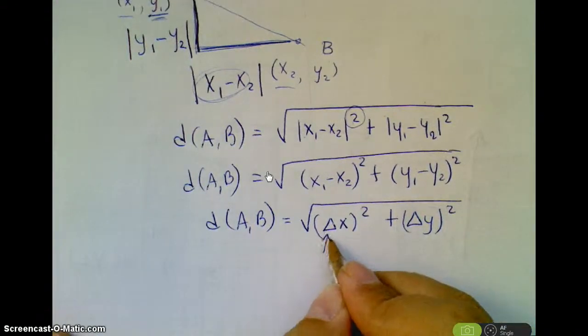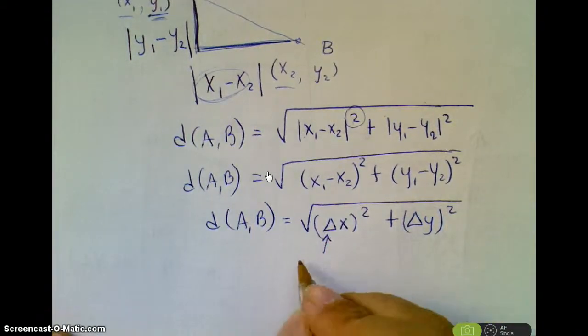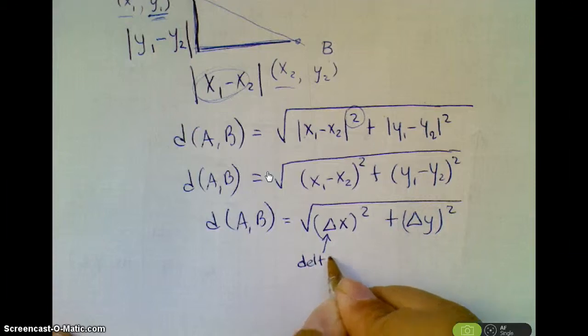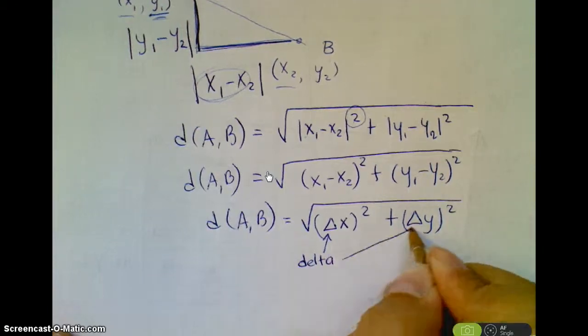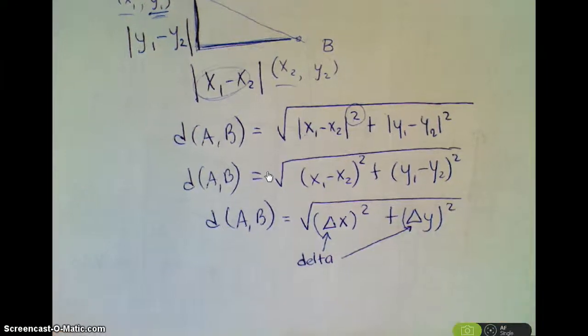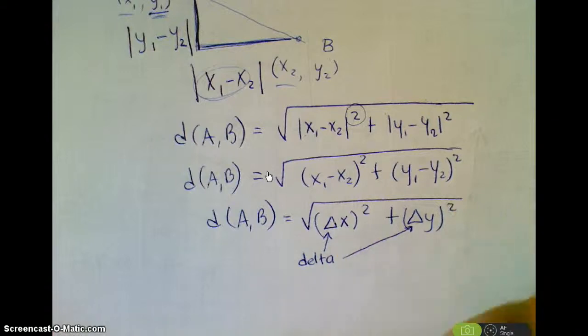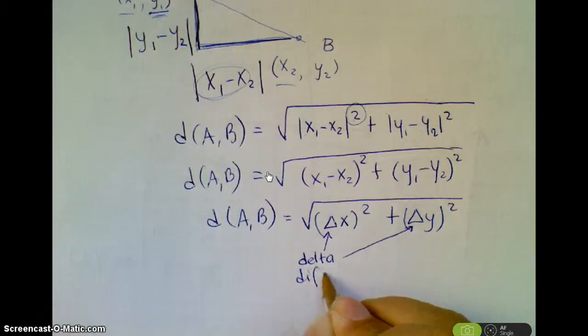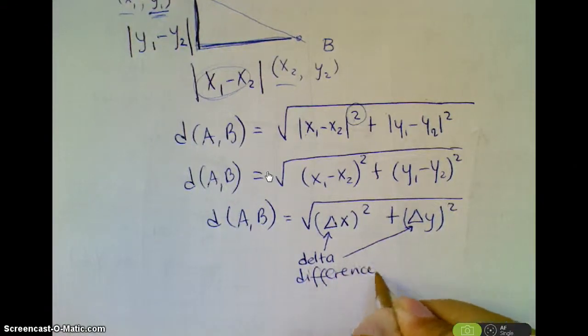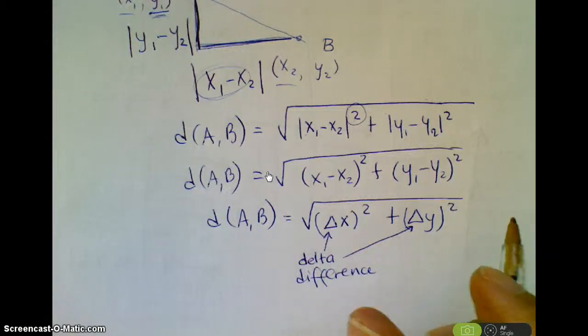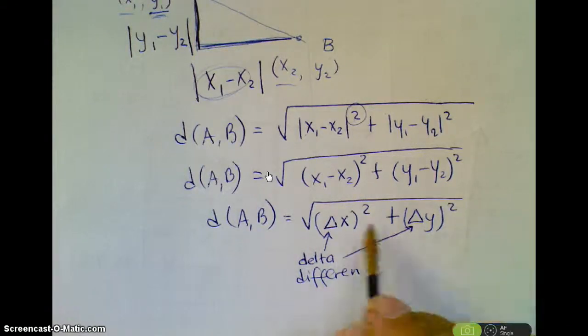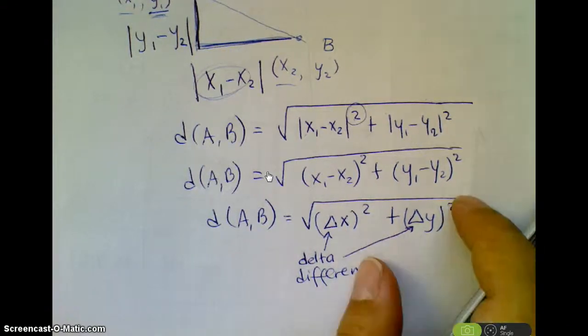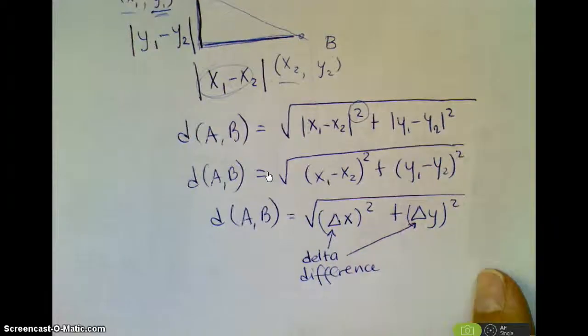This triangle is not a triangle, it is a Greek letter called delta. You know of Greek letters from movies about fraternities and colleges. This is the letter called delta, and it means difference. So I want to know how far apart the x's are, how far apart the y's are, and those are going to be the lengths of my legs to apply the Pythagorean theorem and find the distance between 2 points.